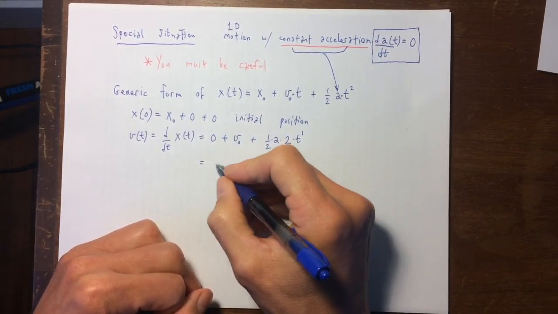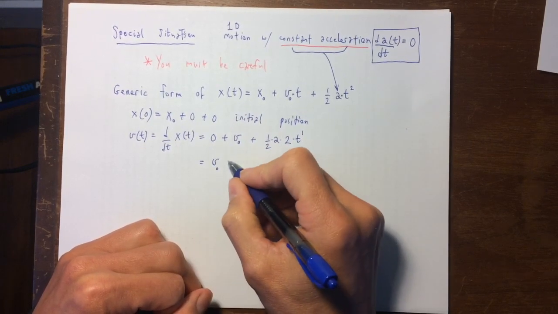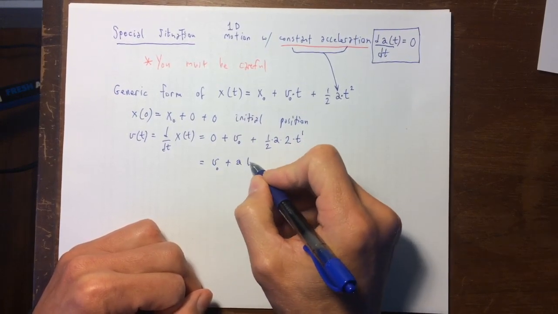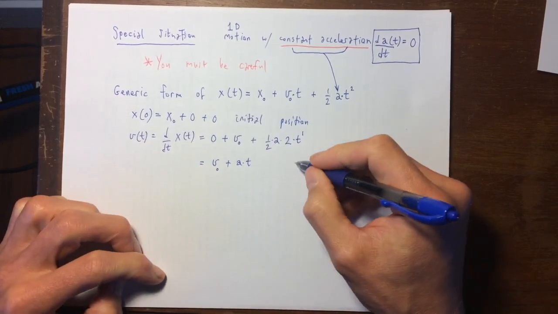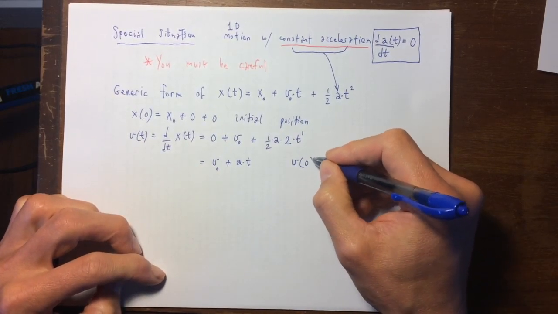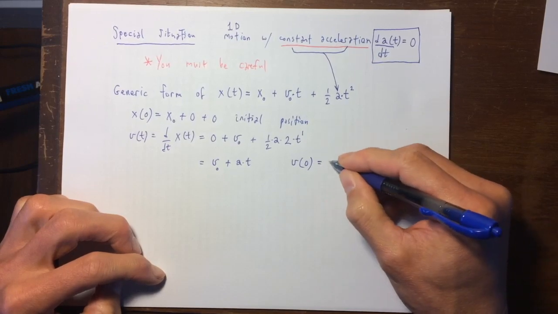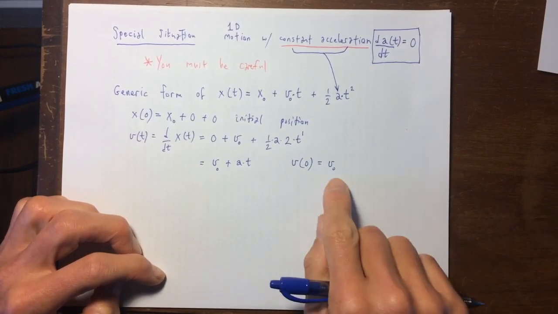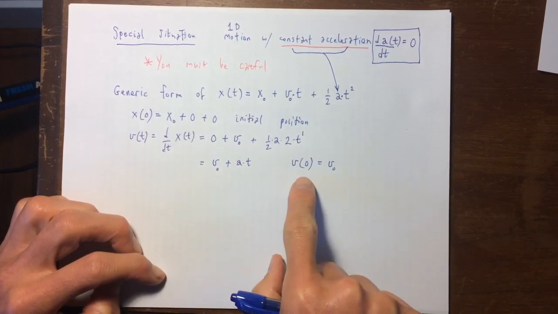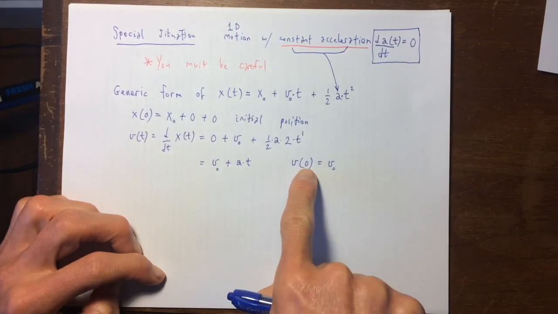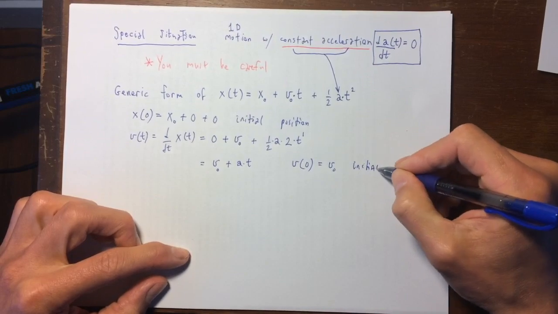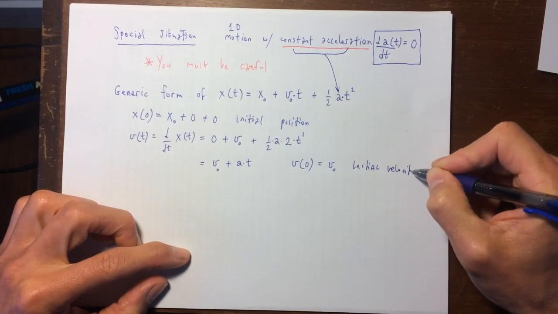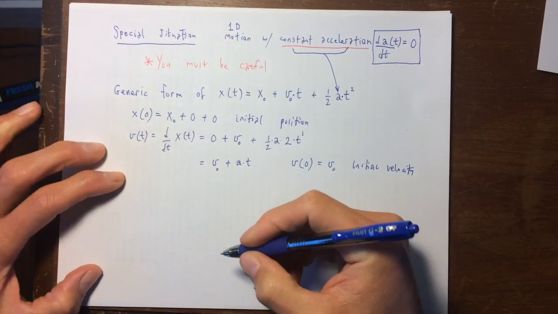And so when you clean this up, it just looks like this, v naught plus a t, where a is the acceleration, and the meaning of v naught is that it's associated with the value of the velocity at the time t equals 0. This is the initial velocity, right?